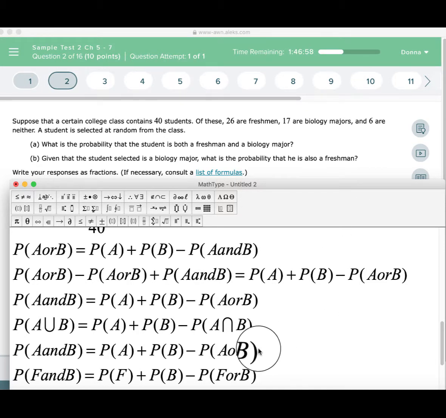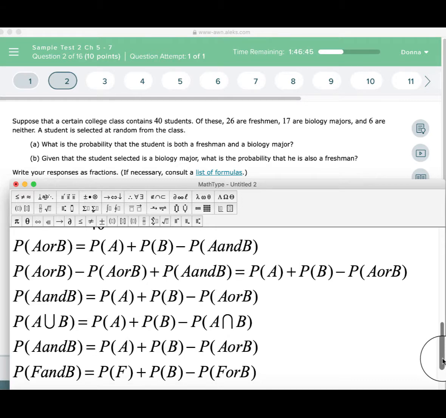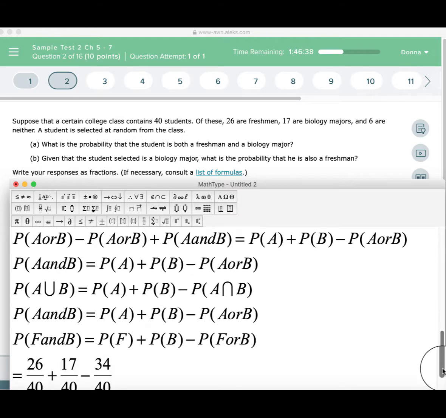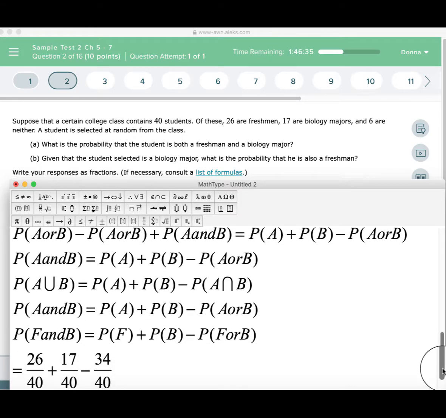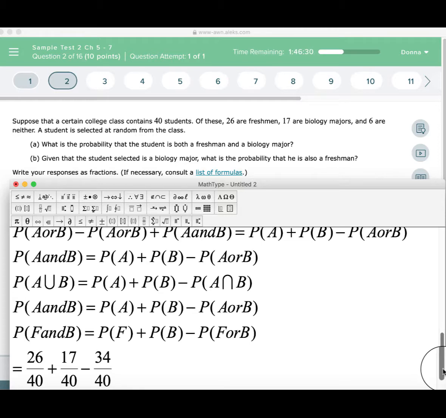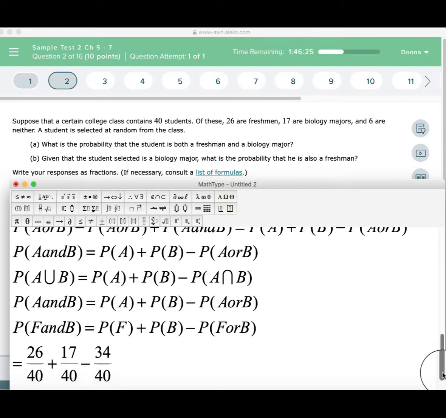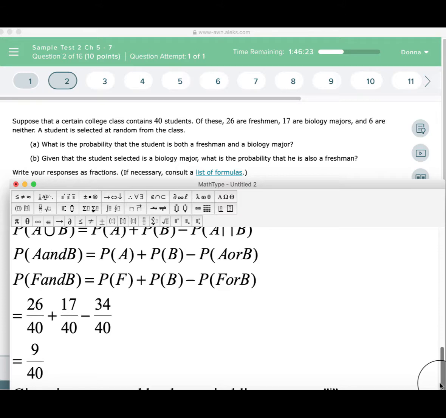Substituting in our values, probability of F, which was 26 out of 40, bio, 17 out of 40, and earlier I had typed in 7 out of 40, but I caught that and fixed it. And the probability of F or B, which we derived from the 6 out of 40, was 34 out of 40. Subtracting 17 minus 34, I did those two first, believe it or not, got negative 17. And 26 minus 17 is 9. So we get 9 divided by 40.